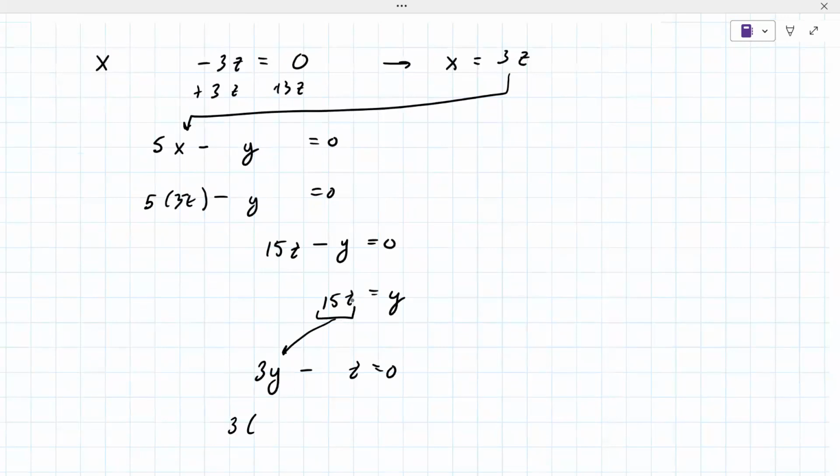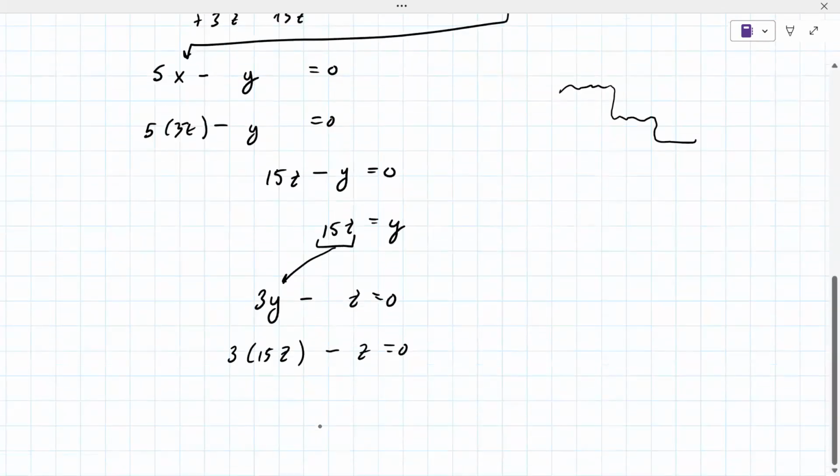So it becomes 3 times 15z minus z equals 0. Notice there's only one variable. It's like a waterfall. You go down to the next one and the next one. So this ends up being 44z equals 0. When you divide both sides by 44, you get z equals 0, and that's an important start.